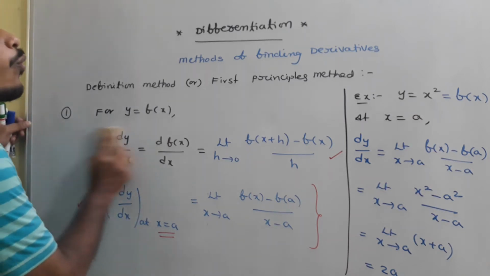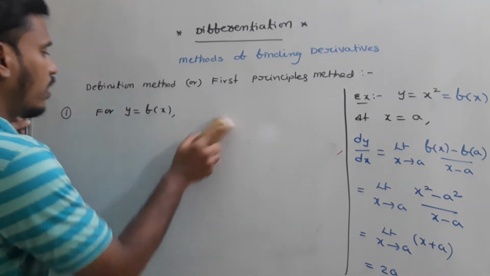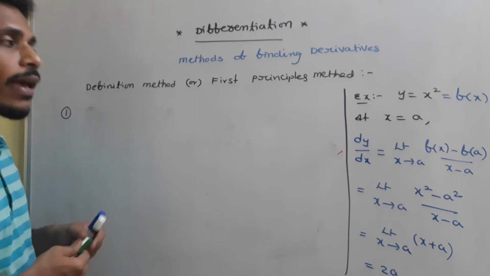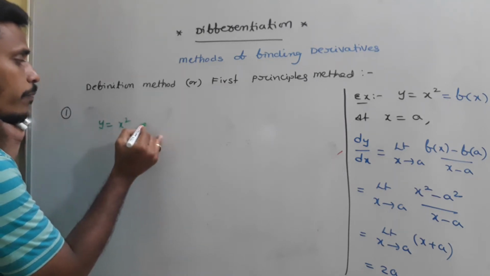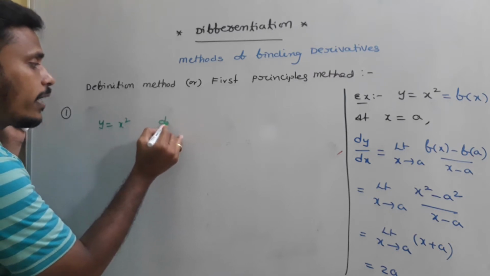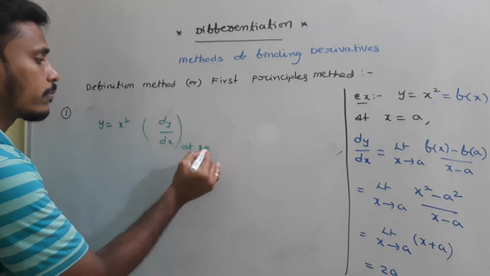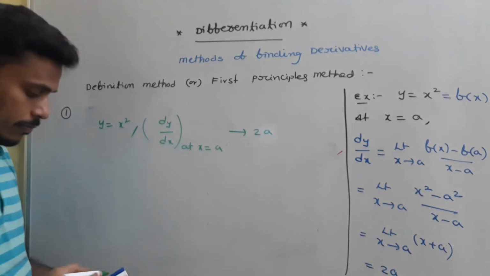Now with the discussion of that example, see, derivative of x square. For y is equals to x square, dy by dx at x is equals to a is given as 2a.